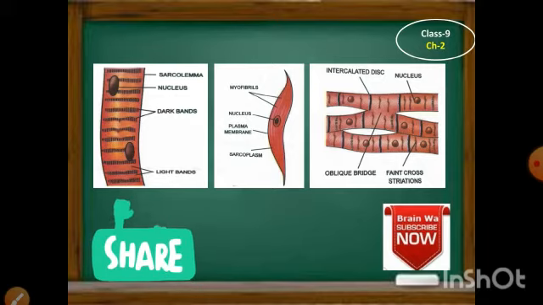The striated muscles have bands with dark and light striations. In smooth muscle there is no striation, that's why it is called unstriped or unstriated muscular tissue. And in cardiac muscle there is striation. Nuclei are multinucleate in case of striated muscles, and uninucleate in case of smooth muscle, that is unstriated muscles, and cardiac muscular tissue.